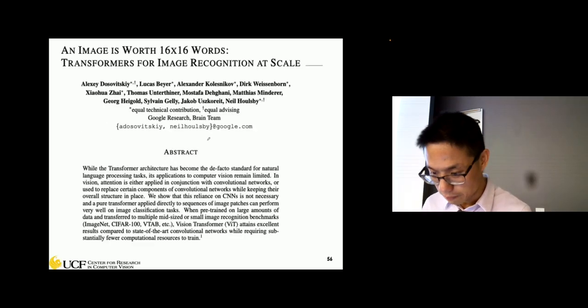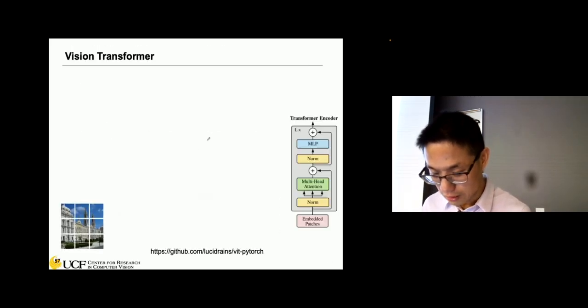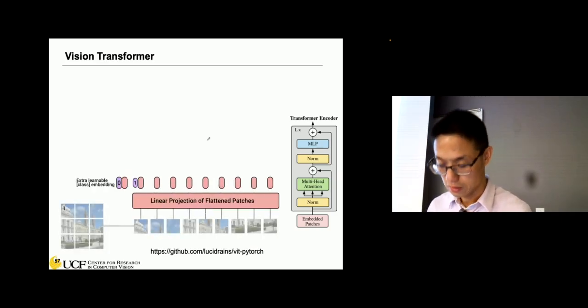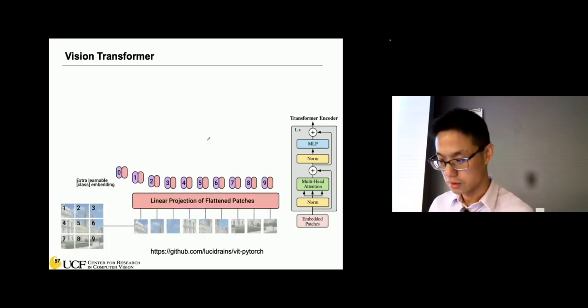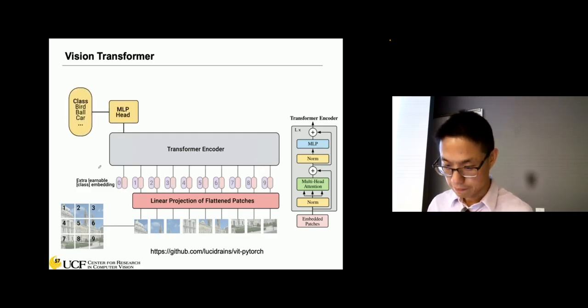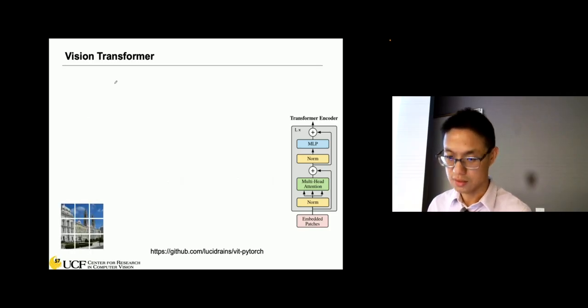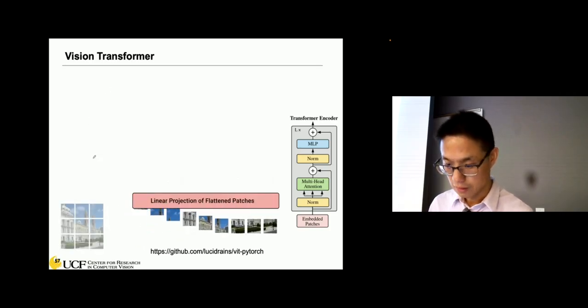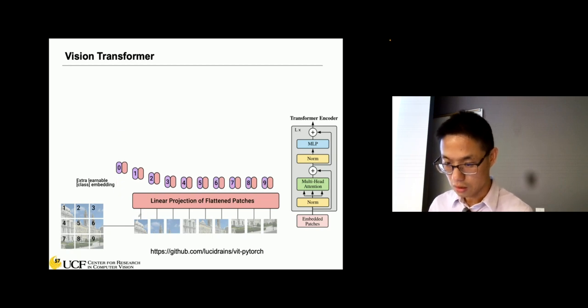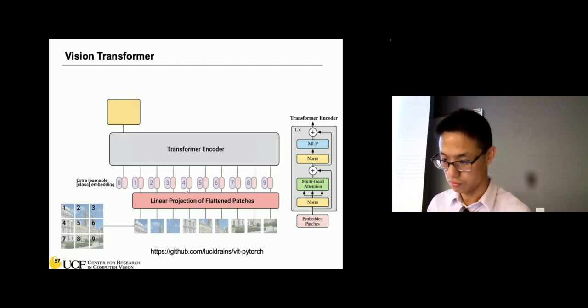Okay, finally, I want to briefly talk about the vision transformer. The transformer was first invented for natural language processing, but later we also adopted this transformer architecture extensively in the vision community, and this animation basically tells you how the vision transformer is used.